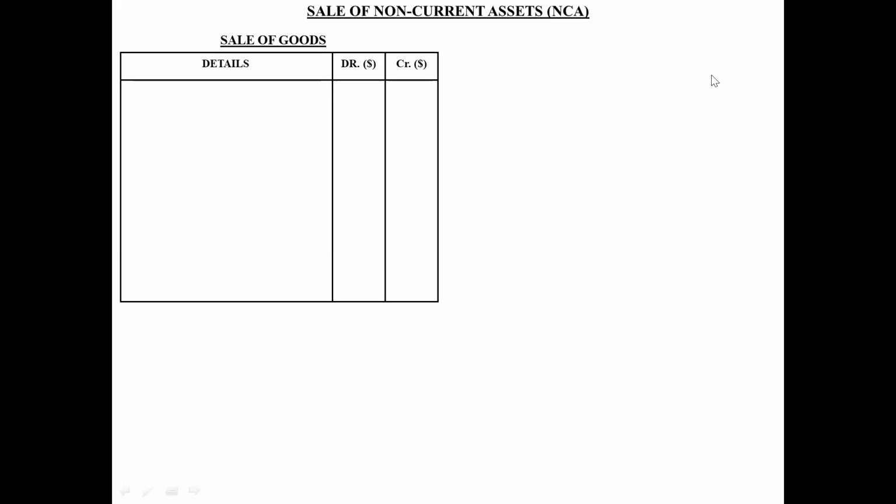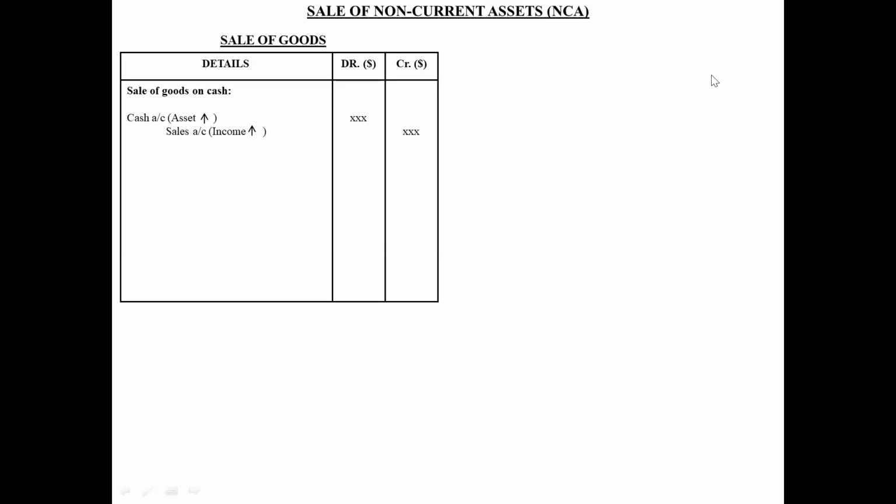Number one, let's assume that you are selling goods on cash. In that case, cash account will be debited because cash is your asset. You are receiving cash, so your asset is increasing. So cash account is going to be entered on the debit side, and sales account will be entered on the credit side.